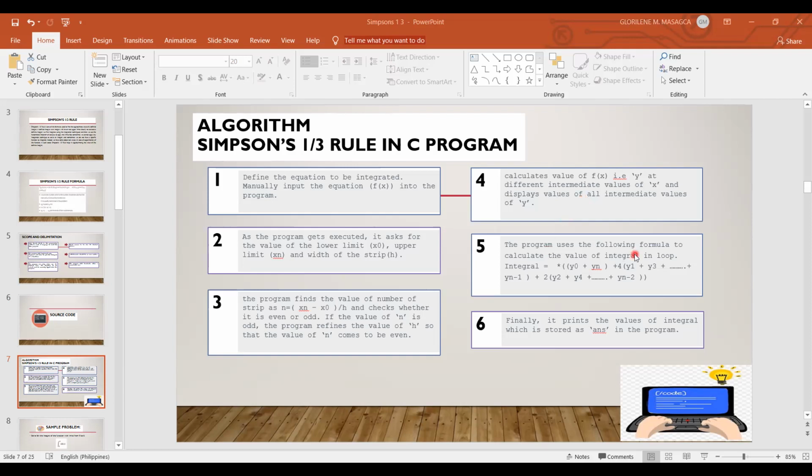The program uses the function formula to calculate the value of the integral in a loop. So this is the formula. Integral is equal to y0 plus yn plus 4 times the odd terms y1, y3, up to yn-1 plus 2 times the even terms y2, y4, up to yn-2. Finally, it prints the value of the integral, which is stored as answer in the program.